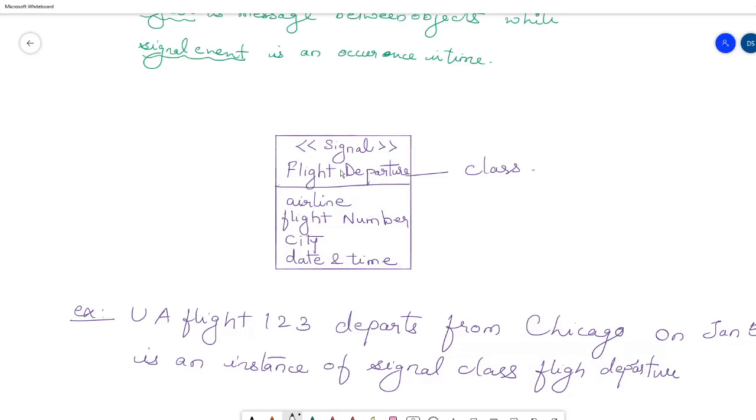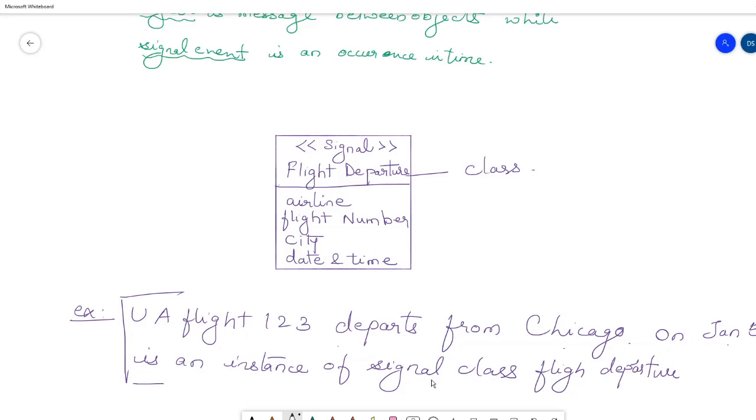So we have a class flight departure in which we have the details about the airlines, the flight number, city, and now one-way data transmission. We are talking about signal event. That means one-way data transmission. We have the information that this particular flight took off from Chicago on this date.